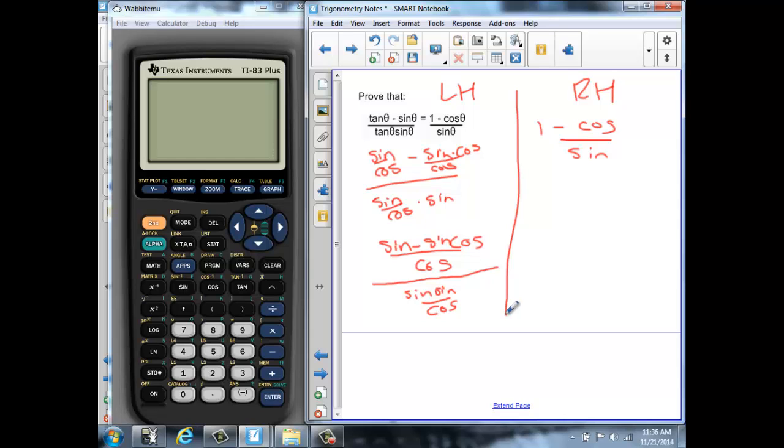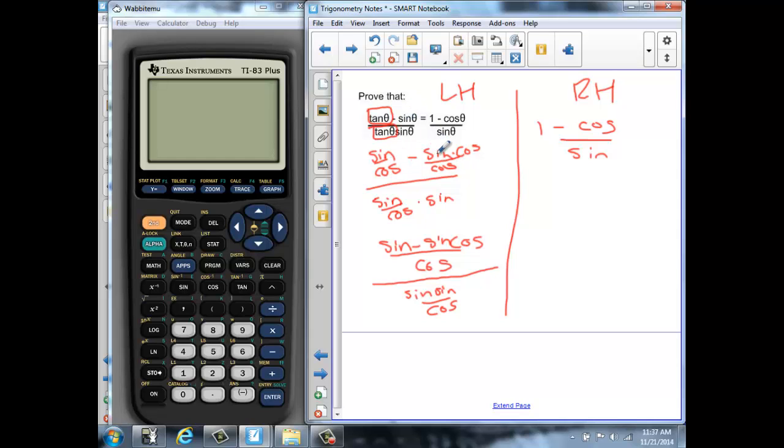Can you slow down for a second? Absolutely. Good. So let me re-walk you through those three steps I did. The first step was I said tan is actually, rather than calling it tan, let's call it sine over cos. Okay, that's step one. Step two was this minus sine right here.